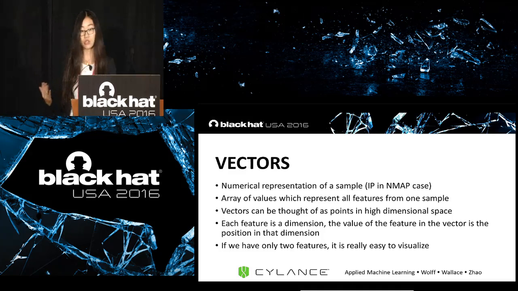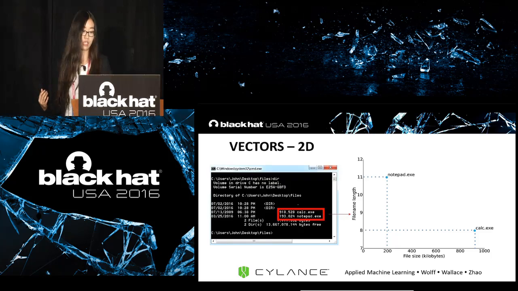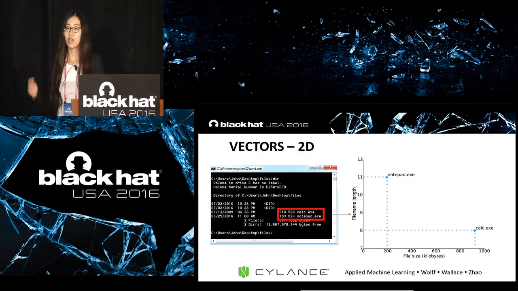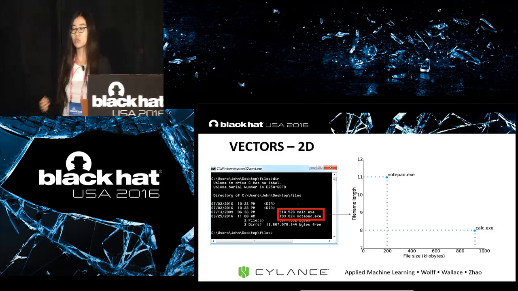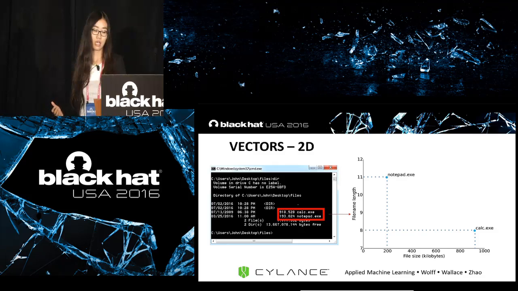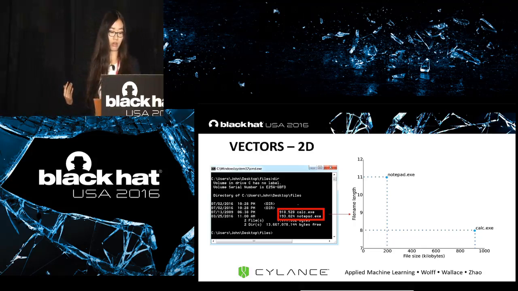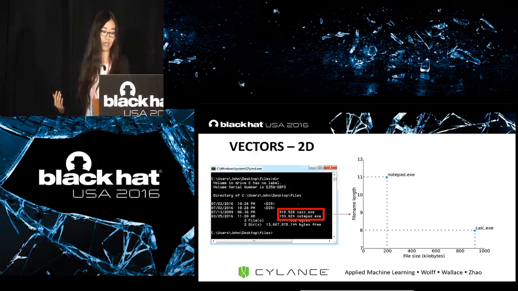It will be very intuitive and easy to visualize if we are living in a two-dimensional space or three-dimensional space. For example, if we want to find the numerical representation for an executable, we can use only two features. For example, the features can be the file name length and the file size. Here we give an example of notepad.exe.